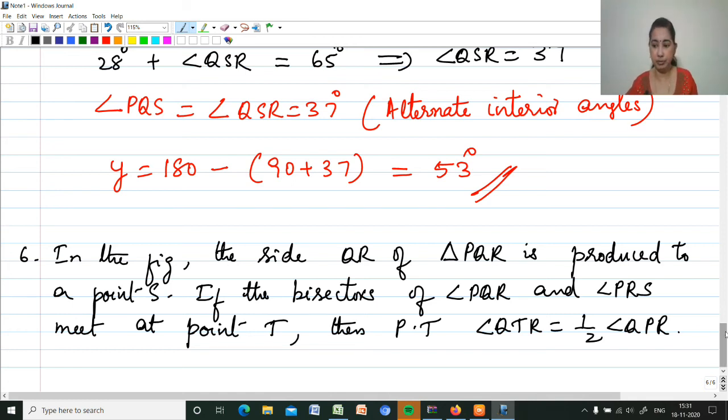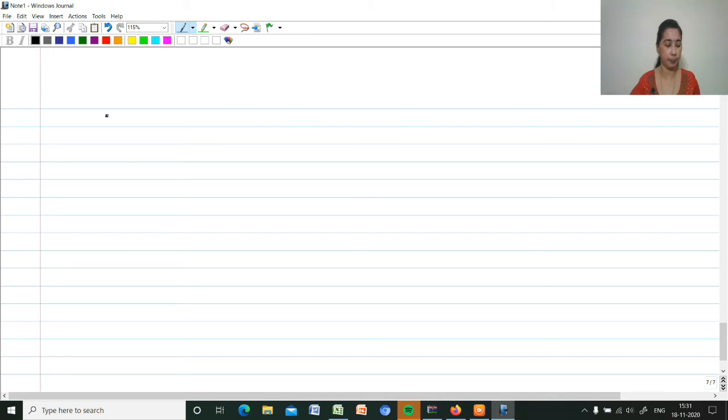So we have to draw the figure. This is QS.